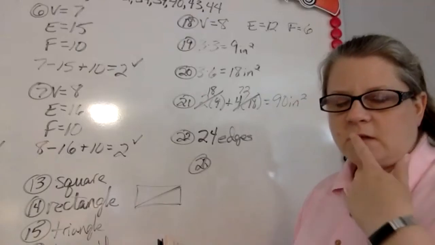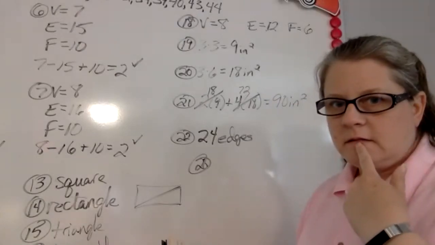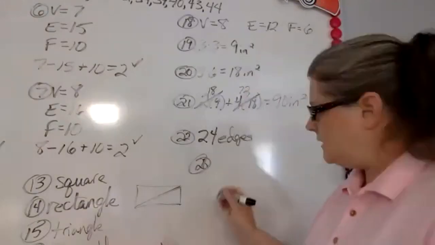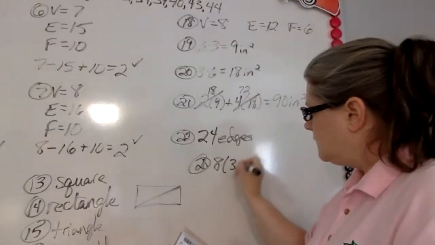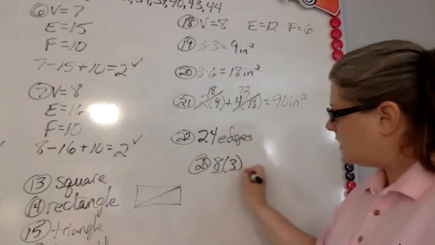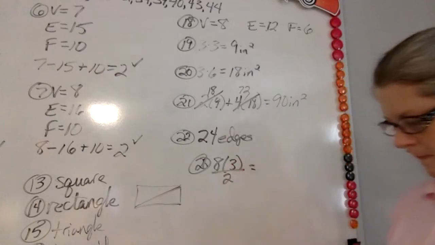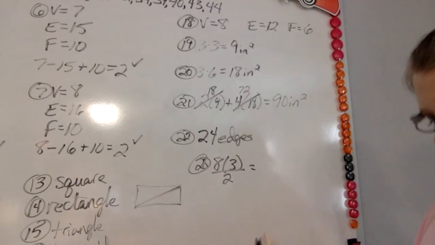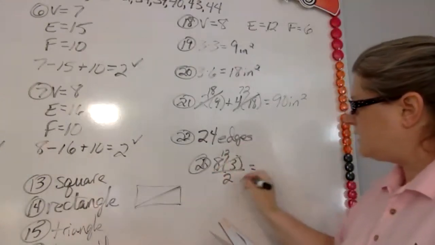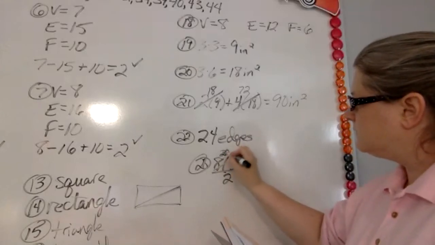How many sides does a triangle have? 3. So you have 8 times 3, and you're going to divide that by 2, because it takes 2 faces to make an edge. So 8 times 3 is 24. 24 divided by 2 is 12.